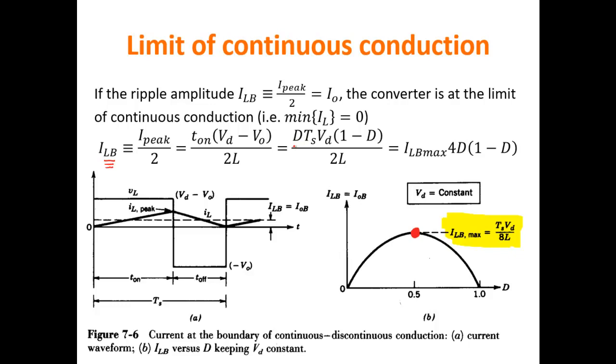It's interesting to plot this dependence, because if you plot ILB as a function of D, which is what we have done here, you obtain a behavior that is parabolic, because you have D times 1 minus D. This is just a way to collect all the other pieces and express them as a function of the maximum that the curve reaches.